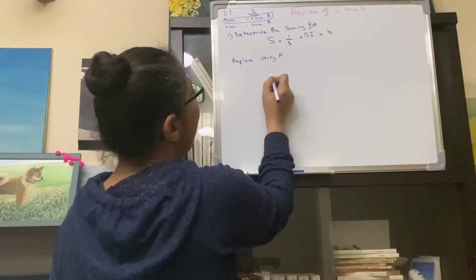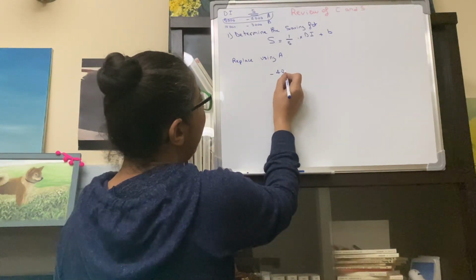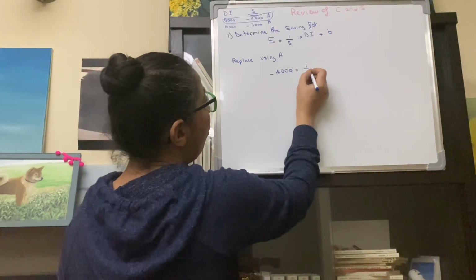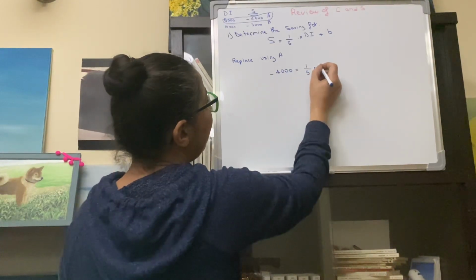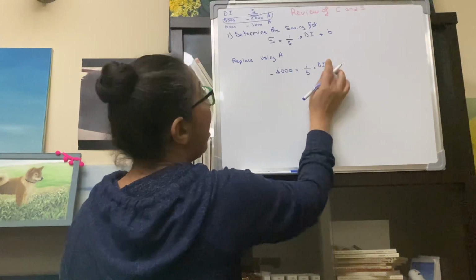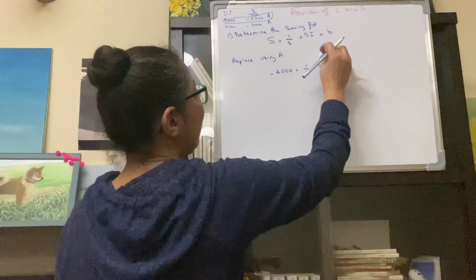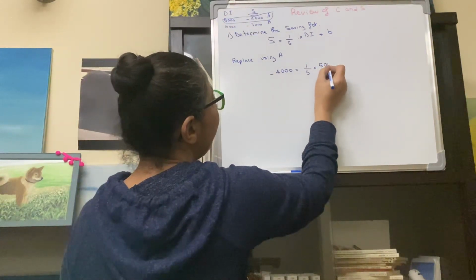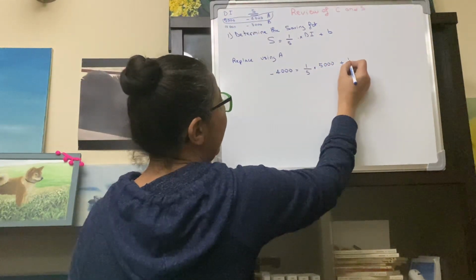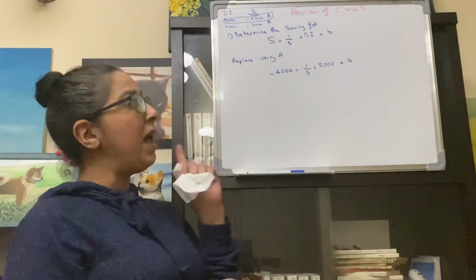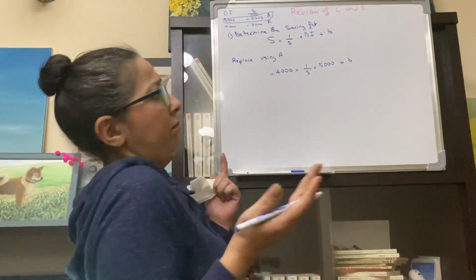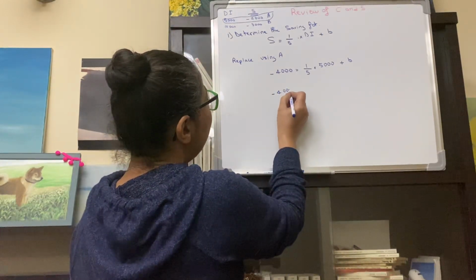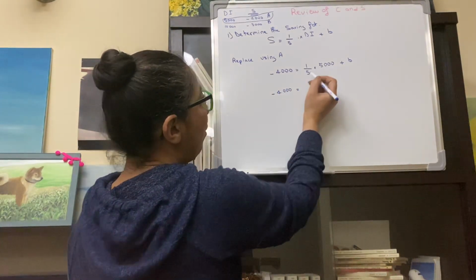So in the saving, I have minus 4,000 for this point, which is equal to 1 over 5 times DI. I'm sorry, DI should be replaced. Okay, what's the DI here? It's 5,000, plus b. Now I have one unknown. Simple calculation. So minus 4,000 is equal to 5,000 over 5.